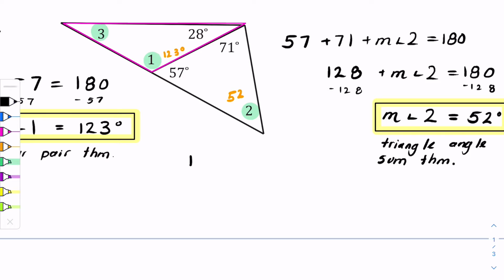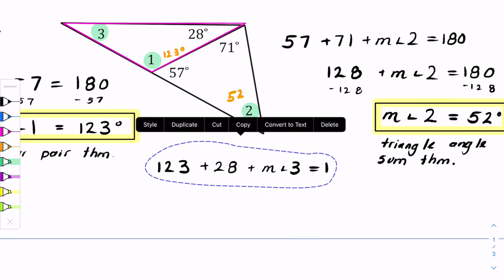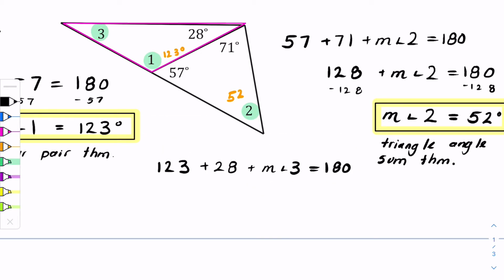So we have 123 plus 28 plus the missing measure of angle 3 is equal to 180. 123 plus 28 is 151 plus the measure of angle 3.